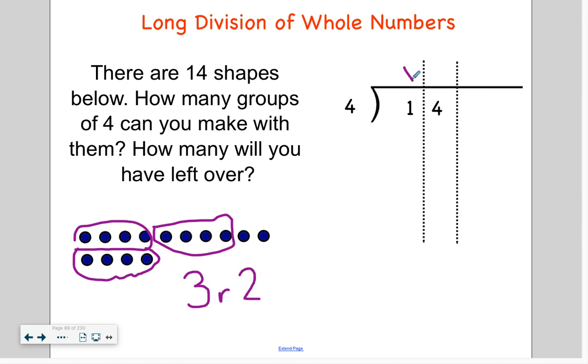When we do our long division, 4 goes into 14 3 times. 3 times 4 is 12, which is the amount that we have circled over here. When we have 14, we take away those 12. We're left with 2, which is our remainder. So our answer is 3, remainder 2.